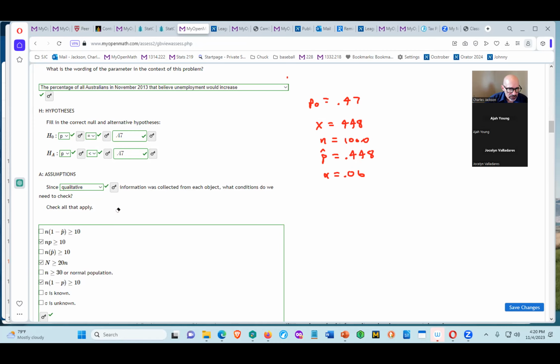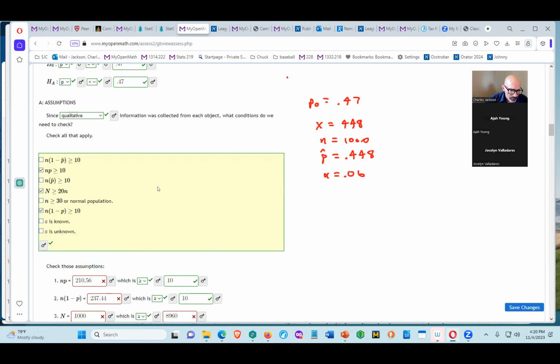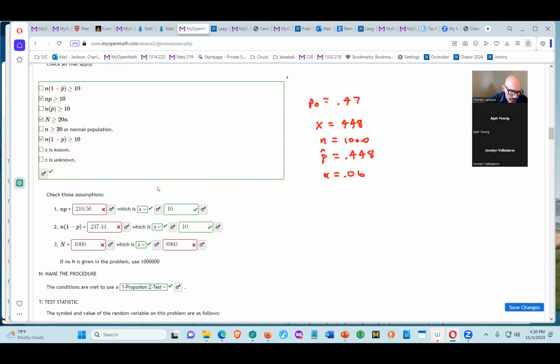Okay, so np, we're going to multiply 1,000 times p, which is this p null here. The p they're talking about there is for the population. If it were for the sample, they would say p hat, but they're not saying p hat.